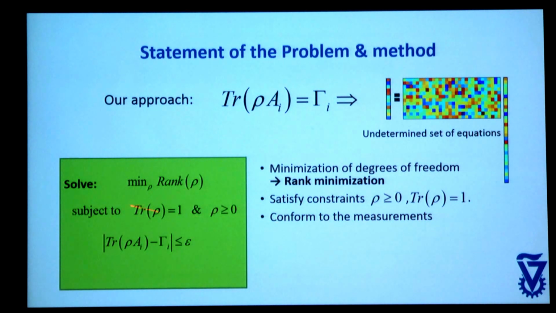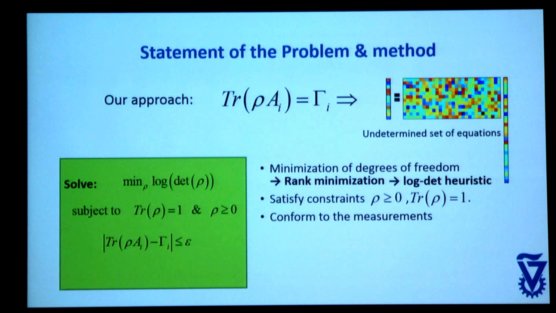This gives us the physical nature of our density matrix. As you remember, this stems from the probabilistic nature of the eigenvalues. And this tells us that we have to be consistent with the measurements that we do have. So in order to solve this problem, we replace the rank minimization with the log det heuristic.